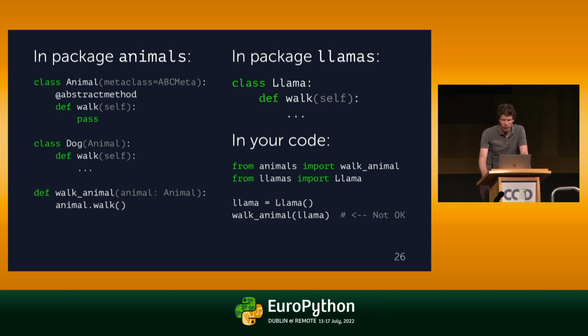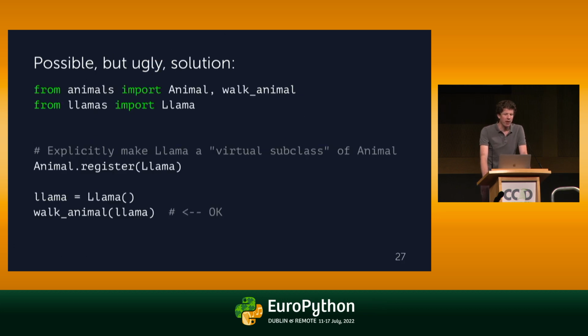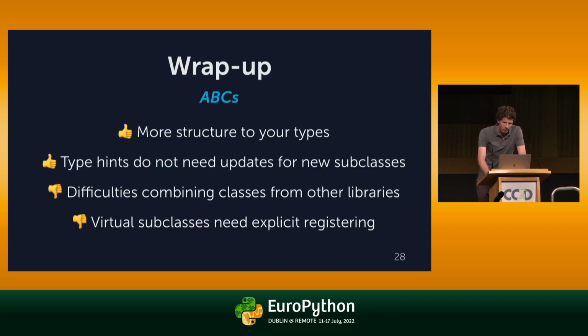Of course, what you could do is fix that by registering Llama to be a subclass of Animal. But this feels kind of fishy to me because you're really changing the internals of packages you're using, right? It works. It's not super nice.